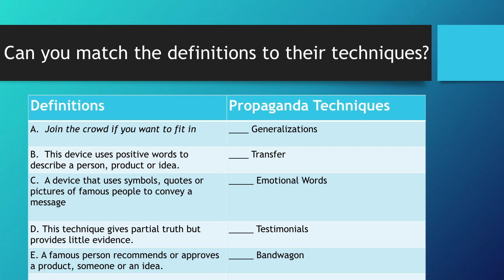If you said transfer, you are absolutely correct. This technique gives partial truth but provides little evidence. If you said generalization, you are on the right track. And lastly, a famous person recommends or approves a product, someone, or an idea. There you have it. That is a testimonial.